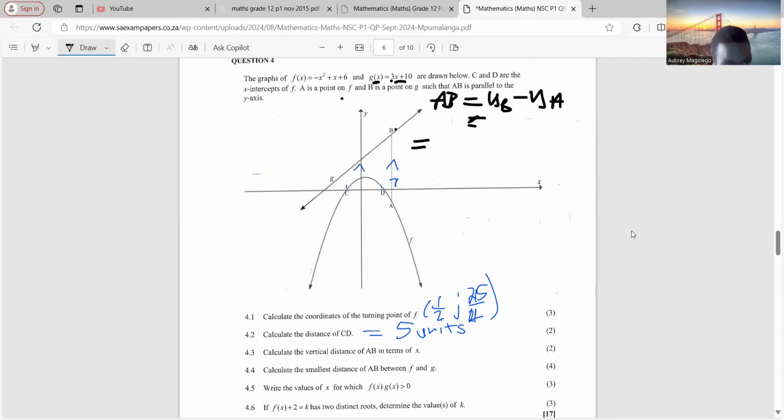So if B lies on g, then the y value is going to be g of x, minus, then A lies on f, so minus f of x. Which is equal to g of x, which is 3x plus 10, minus into, since we have more than one term, we put it in brackets, guys, don't forget, negative x squared plus x plus 6.